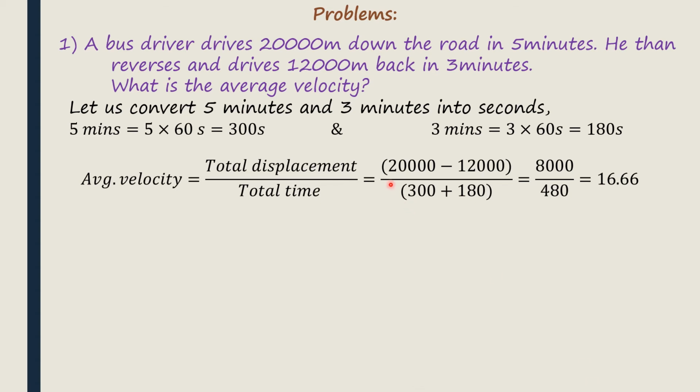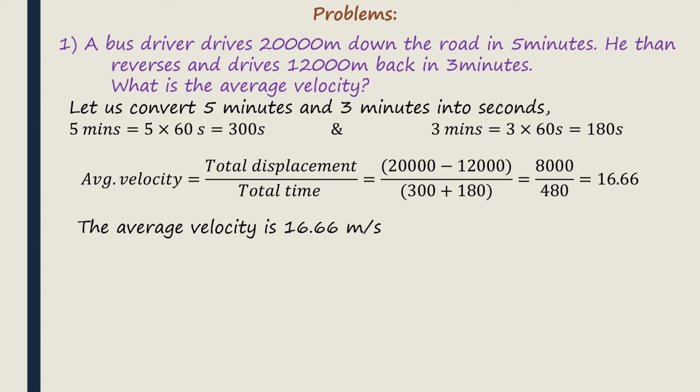Okay, so 20,000 minus 12,000 will give you the total displacement. Time is 300 plus 180, which will give you 480 seconds. 20,000 minus 12,000 will give you 8,000. When we calculate this, it will come up to a value of 16.66. So the average velocity of that bus is equal to 16.66 meters per second.